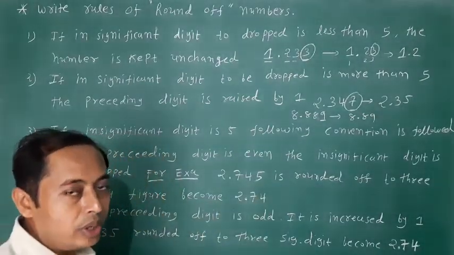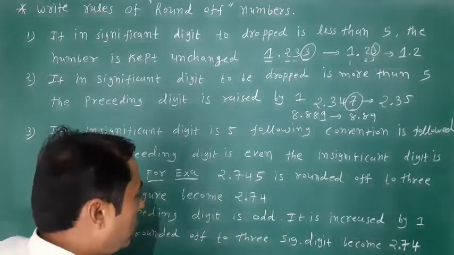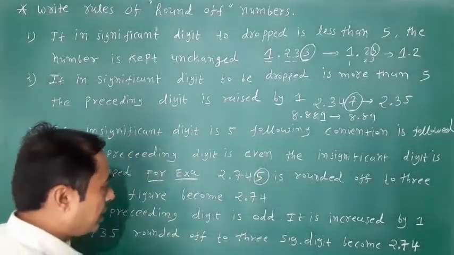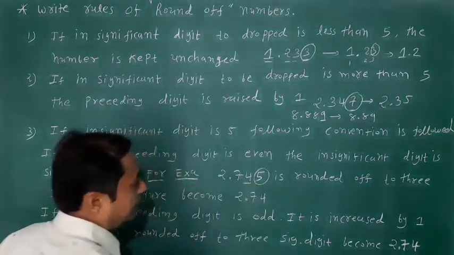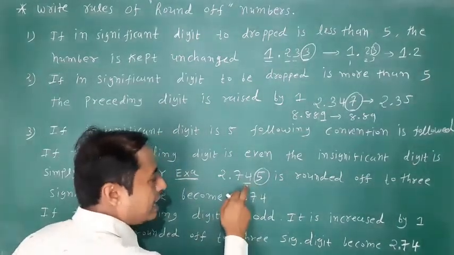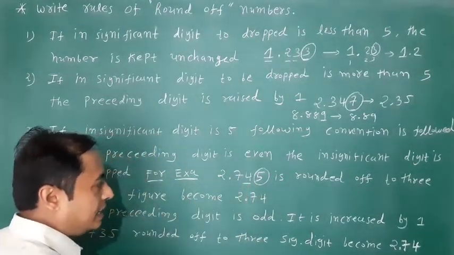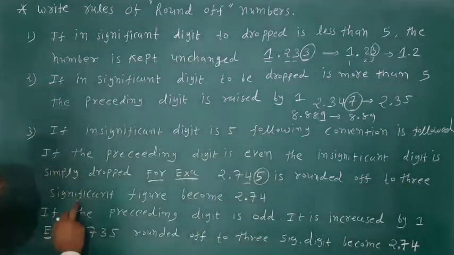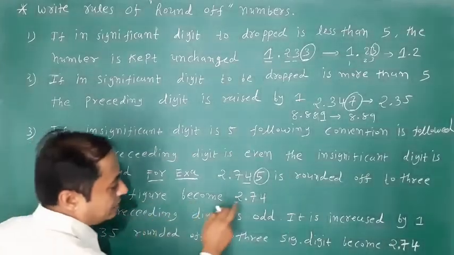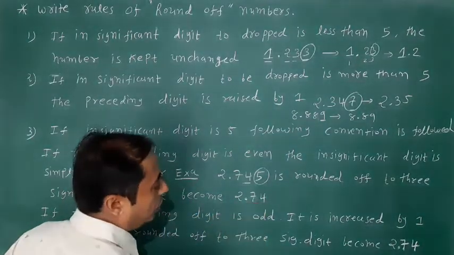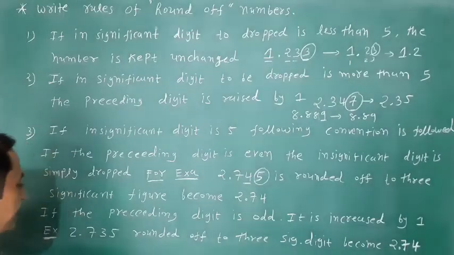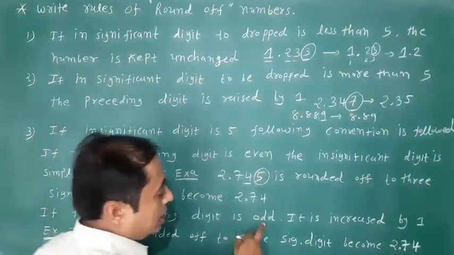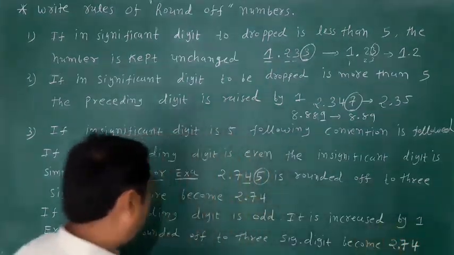Now we want to convert into three significant digits. So this 5 is removed. Okay, but here 4 is an even number, so it is as it is, means rounded off to three significant figures it becomes 2.74.